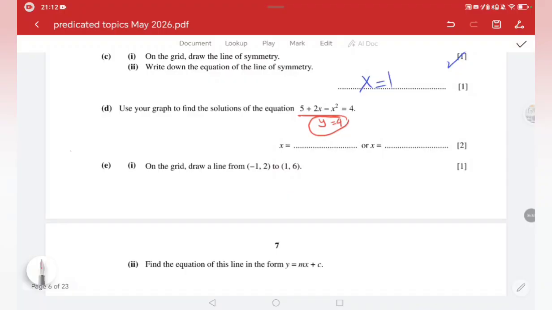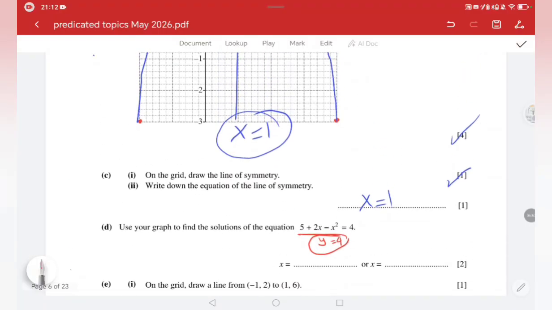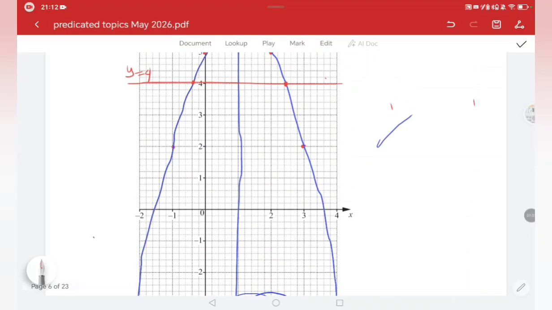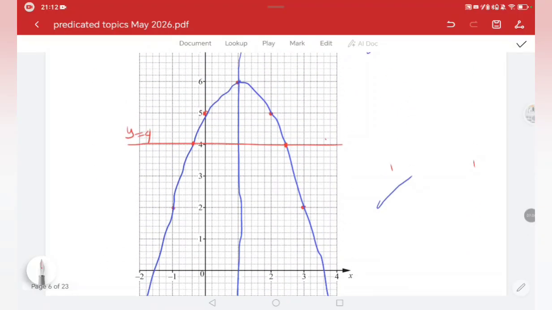So what are the intersection points? Look here, there are 2 points, so we will have 2 intersection points. And yes, we have 2 intersection points. We need to find the x value of each point.